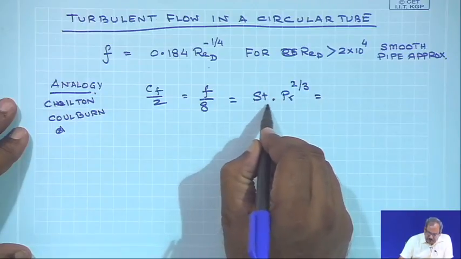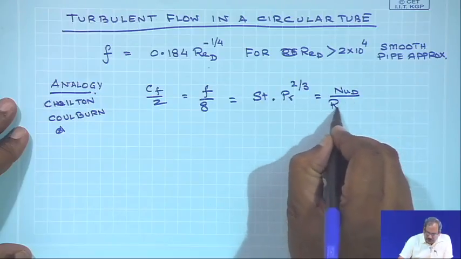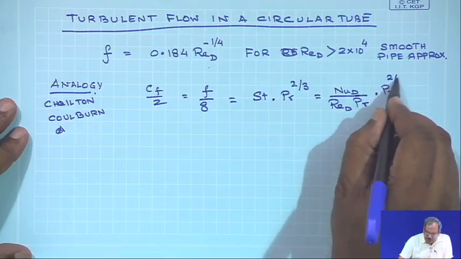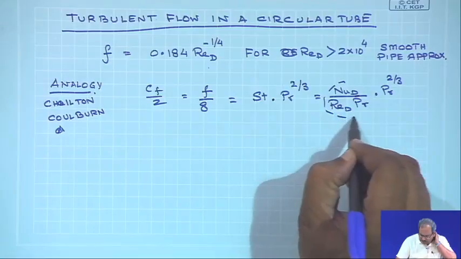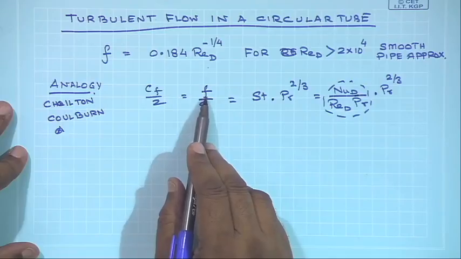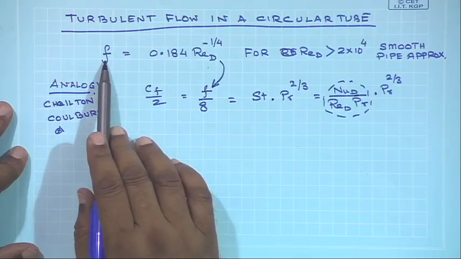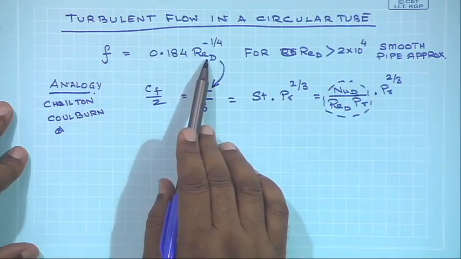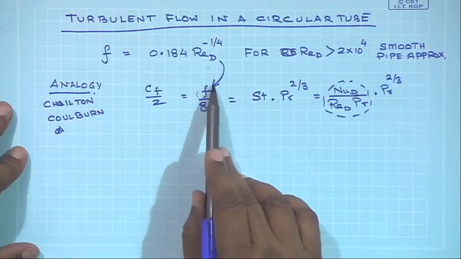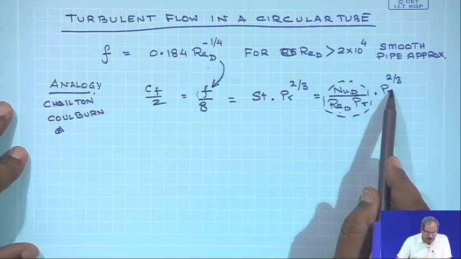So, when I expand this Stanton number, it is going to be Nusselt number based on the diameter divided by Reynolds number based on the diameter times Prandtl number, and I have Prandtl number to the power 2 by 3. So, this is what is Stanton number. So, therefore, the friction factor F, if I put from the correlation between F and Reynolds number from the Moody diagram, then what I have on this side is going to be function of Reynolds number, and here I have Nusselt number, Reynolds number, and Prandtl to the power minus 1 by 3.